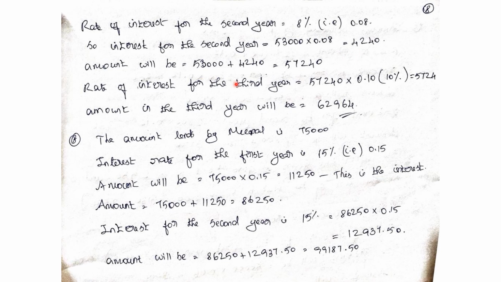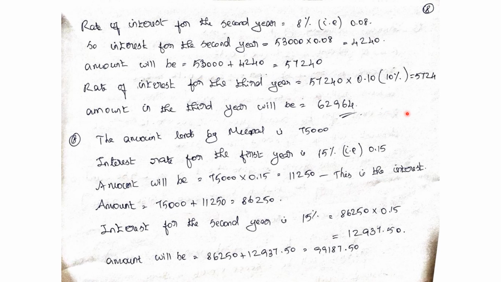Then 53,000 plus 4,240 is equal to 57,240. Then rate of interest for the third year is 10%. 10% means 0.10. Okay, the amount in the third year is 62,964.